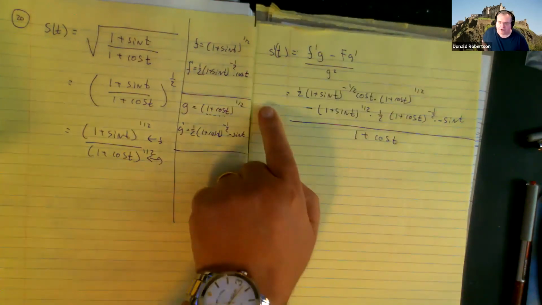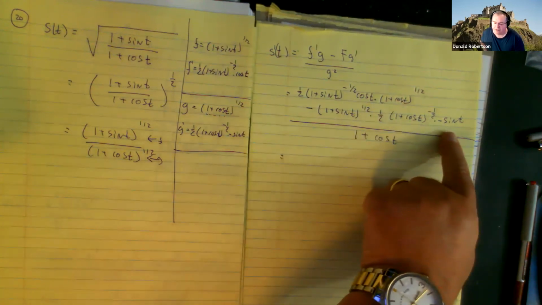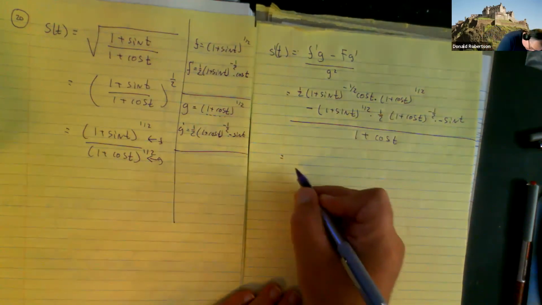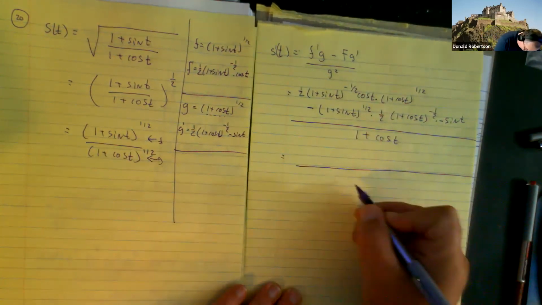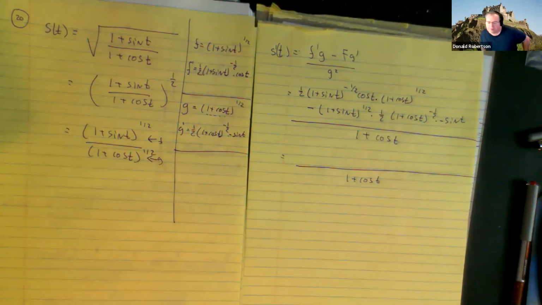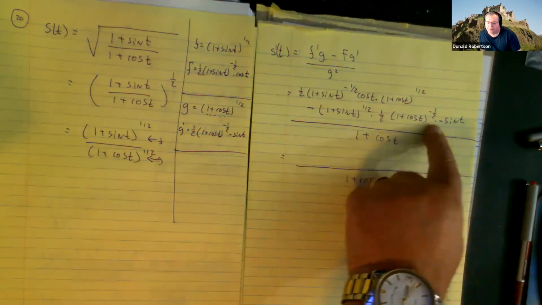Look at the first expression. Look at the second expression. Can you see any common factors? Because there are quite a few. Tell me a common factor. Something that's in this, something that's in that.